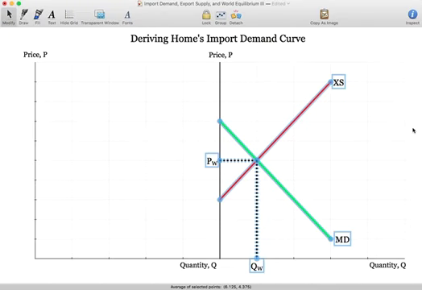Make sure you understand each of the component parts, how the import demand for the home country was derived, how the foreign country's export supply curve was derived, and how the import demand and export supply curves intersect one another, giving us the equilibrium quantity and price in the world market.